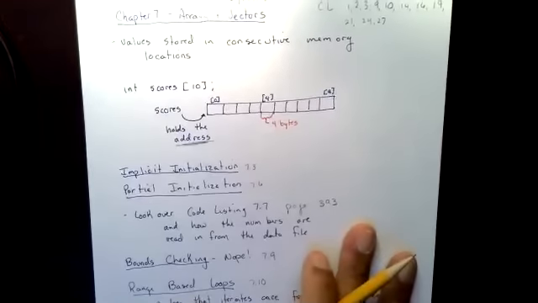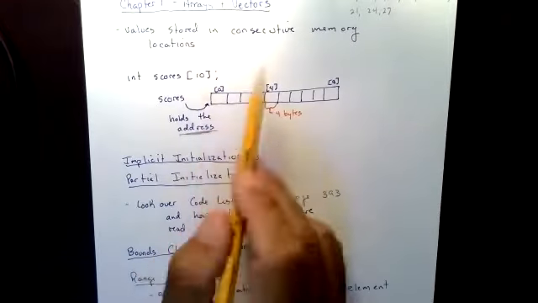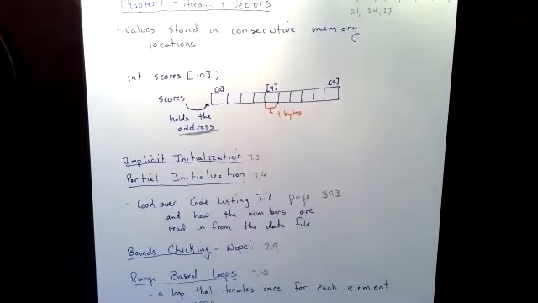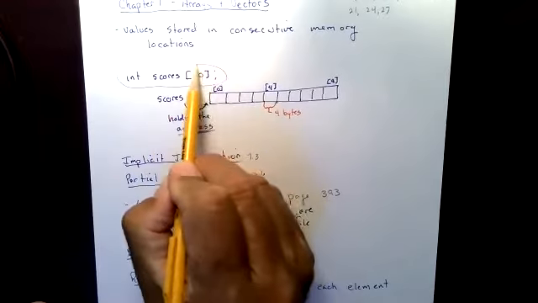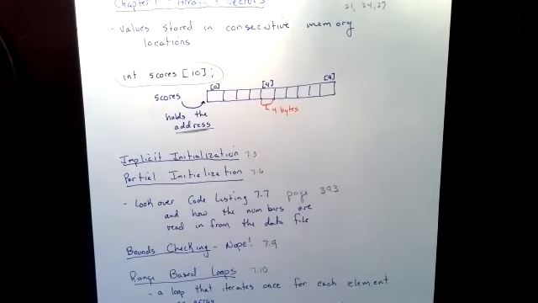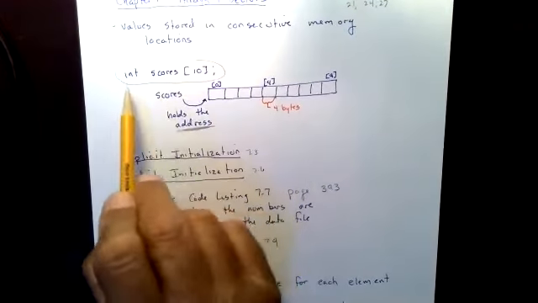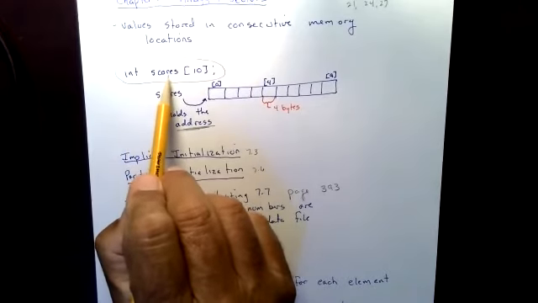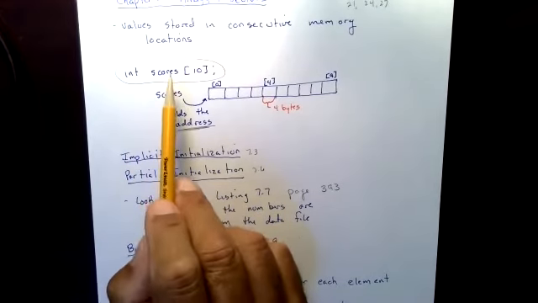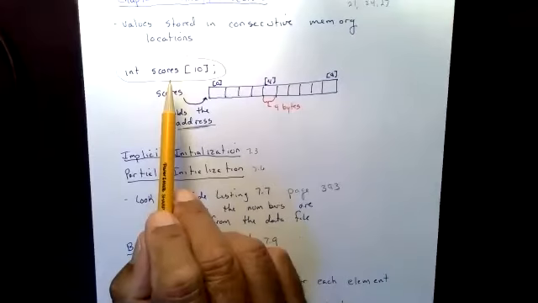Okay, so I have an array called scores, and it's going to hold ints. Here is something you didn't have before that we're now going to take on at a higher level: as soon as I see this, the name scores is going to actually hold the memory address.